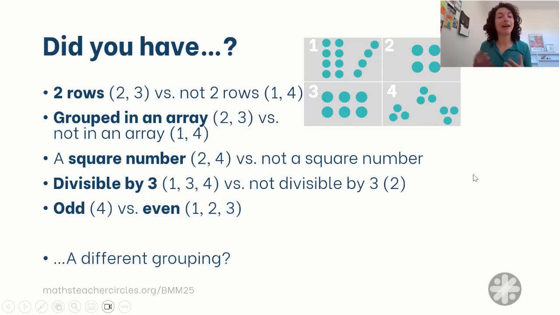Now, here are a range of responses that different teachers have come up with. Maybe you had something similar or maybe you had something different. What's quite interesting about these responses is they show very different conceptual ideas, but also language. Two groups is really important and powerful for highlighting language like arrays.